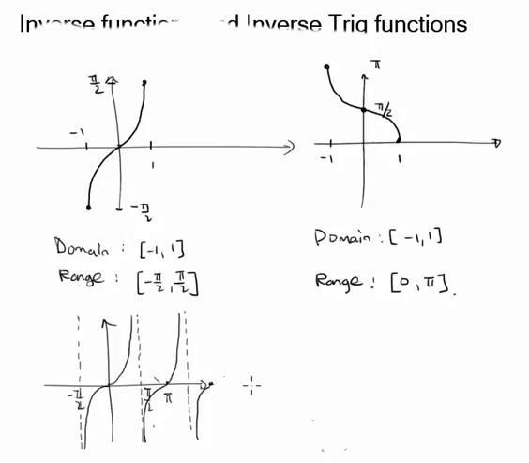But when we flip this against y equals x, this is what we get. If you flip this one against y equals x, this is what you get. I'm going to do it in red pen. So the asymptote also gets flipped.